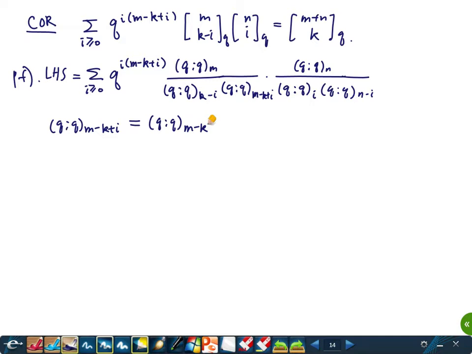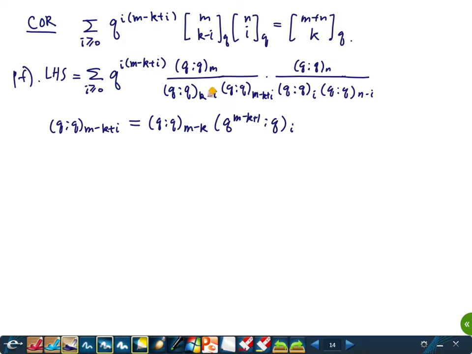And then after that, we get 1 minus q to the m minus k plus 1, and then m minus k plus 2, etc. So it's going to be (q^(m-k+1); q)_i. Okay? So this is good. This is constant. This is a perfectly good q-Pochhammer symbol.